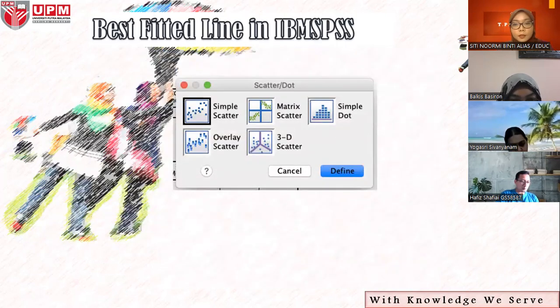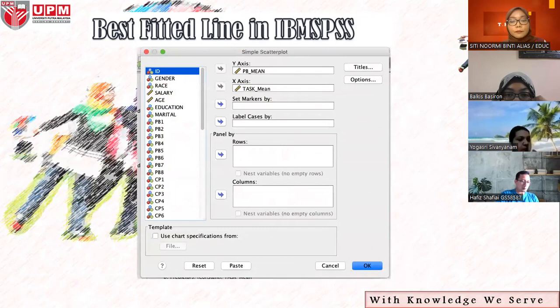Next one, you choose Simple Scatter. In the Scatter/Dot box, you choose Simple Scatter. Next one, click Define. Okay, for Define, you choose PB mean as your y-axis, and then for the x-axis, task-oriented coping mean.